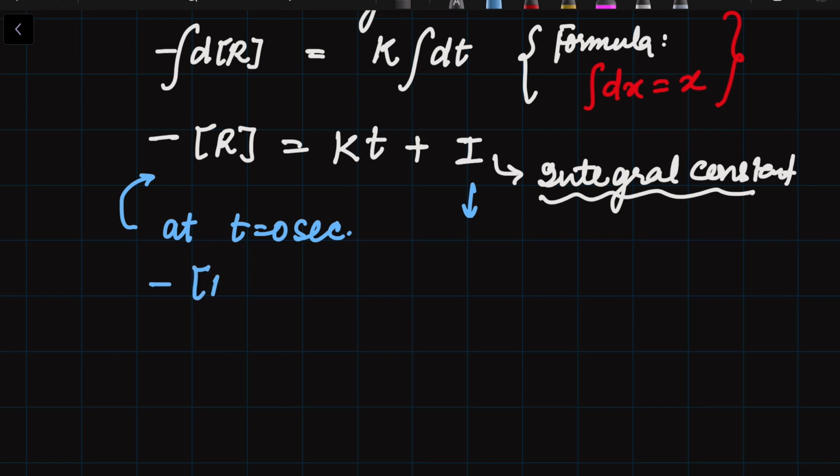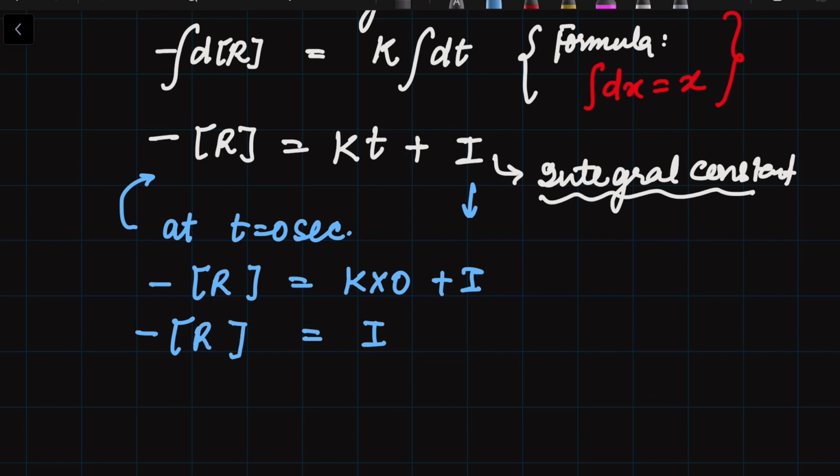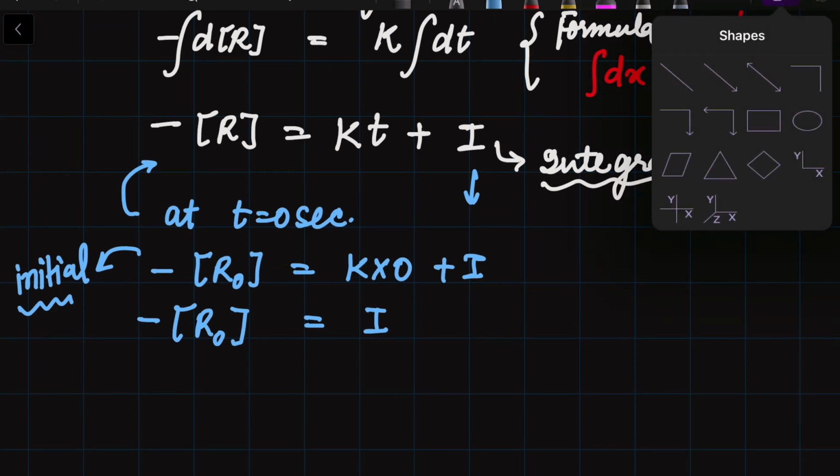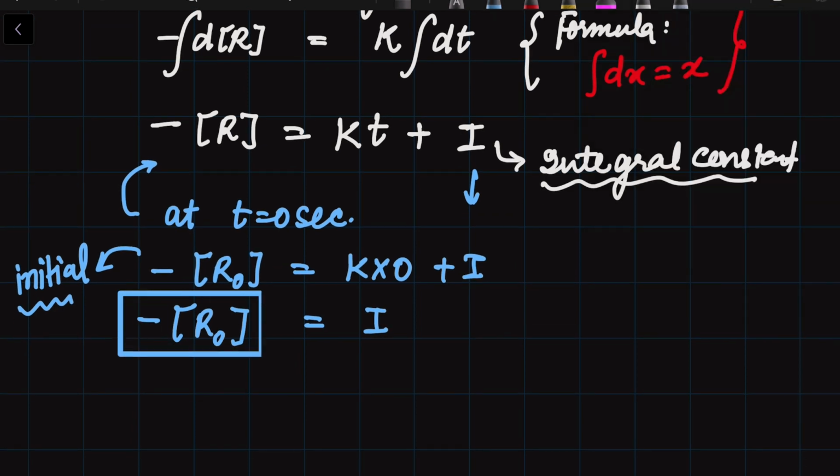Minus concentration of R becomes K multiplied by 0 plus I, so the value of I is minus concentration of R. Since this concentration of R is found at 0 seconds, I am writing it as R naught. Remember, this R naught is the initial concentration, meaning when the time was 0, our concentration was the initial concentration of the reaction. Clear? I hope up to here everyone got it. So this is my value of I.